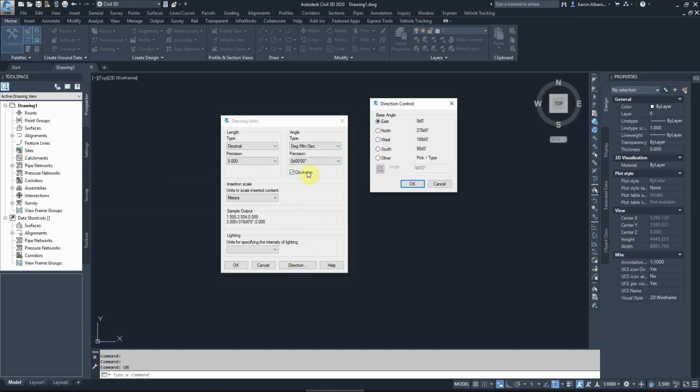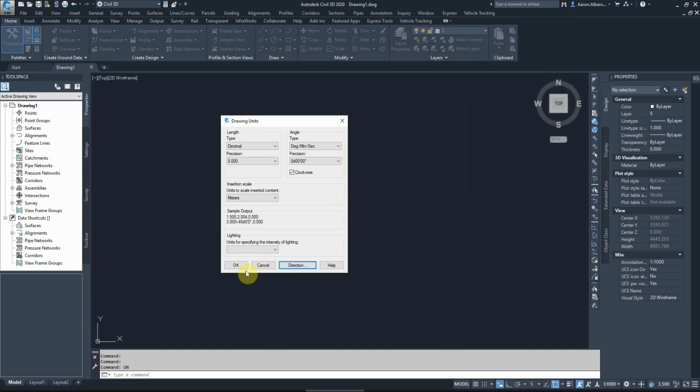Our base direction is north. North is always our 0, and that's where we start our bearing. We will talk about this in a minute. The important point is that our main starting point, the base angle, is north. That's our 0 for measuring angles.